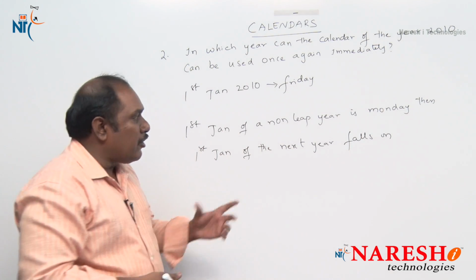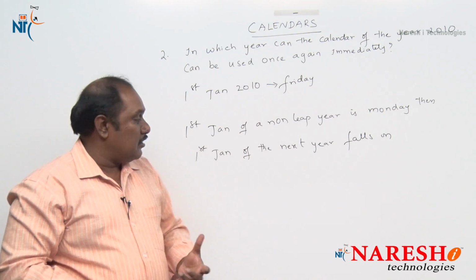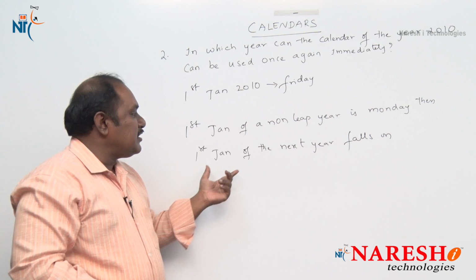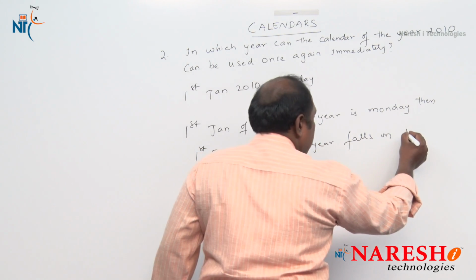You must know this point to answer this question without using the shortcut. If 1st January of a non-leap year is Monday, then 1st January of the next year falls on Tuesday, obviously.